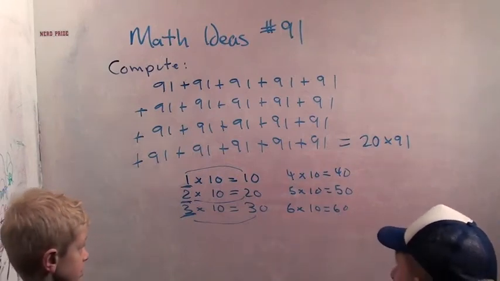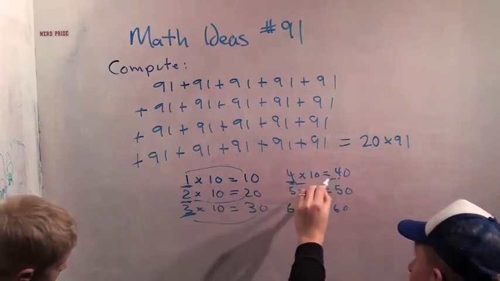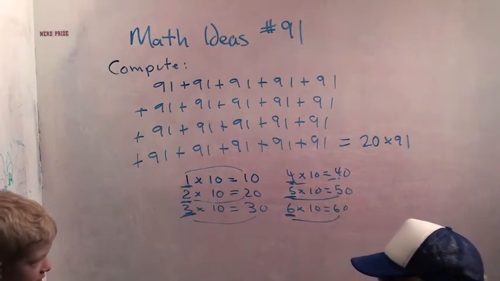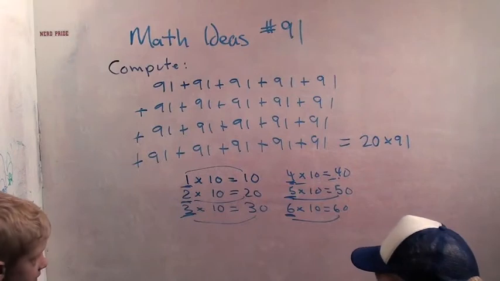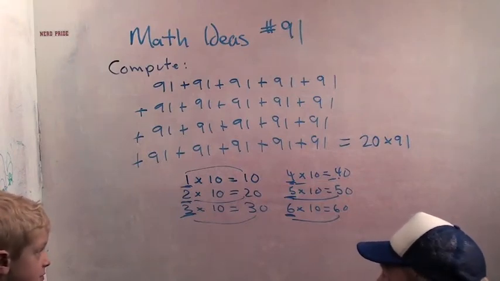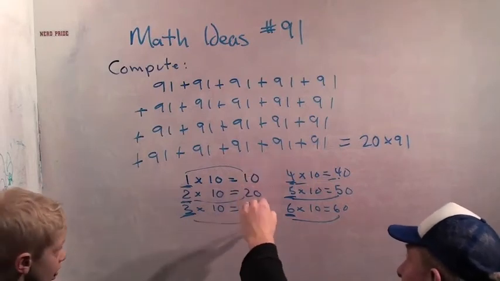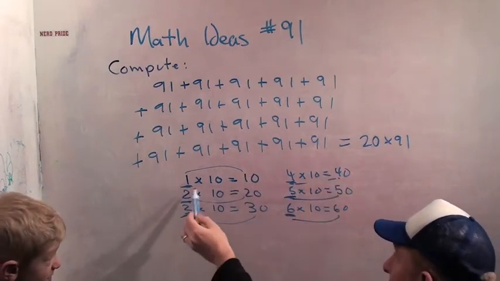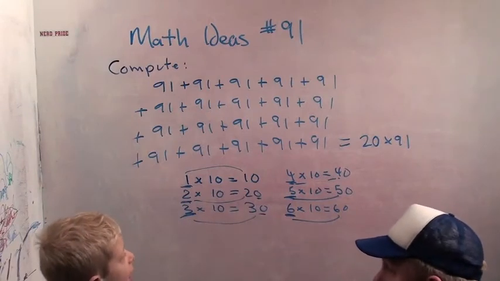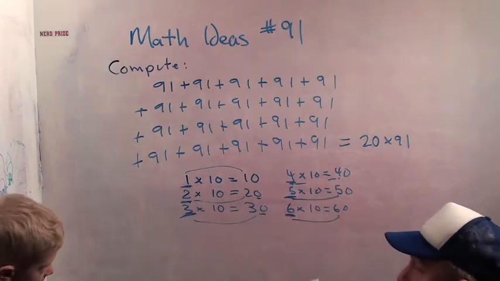How do you take a number and figure out what it turns into when you multiply by 10? You get 10 of them, and the way you write that is you just add a 0 at the end of the number. So 1, just add a 0. 2, just add a 0. 3, just add a 0. 4, just add a 0.